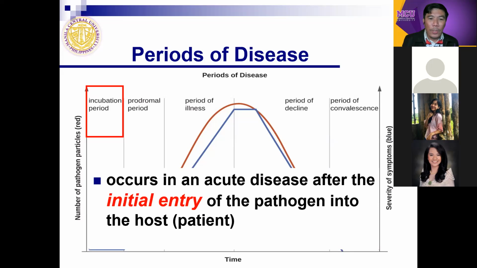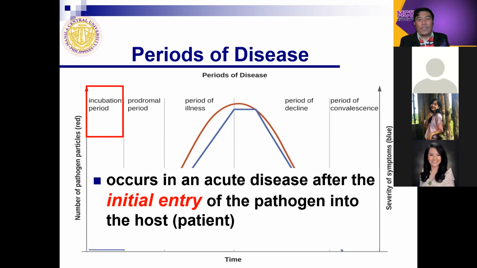Even though most of what we identify in these periods of disease are communicable, because pathogens are the ones identified in the development of the disease, such as the causative agents. So this usually occurs in acute disease starting from the initial entry of the pathogen into the host. Host is referring to the patient or the client.